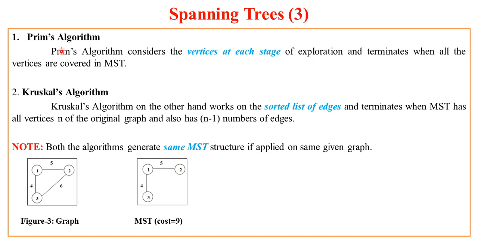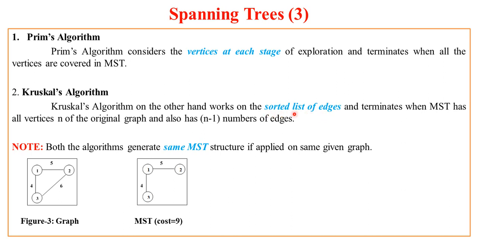Now Prim's algorithm considers the vertices at each stage of exploration and terminates when all the vertices are covered in the MST. That means Prim's will focus on considering the nodes at each step. Whereas in Kruskal's algorithm, the edges are first sorted.